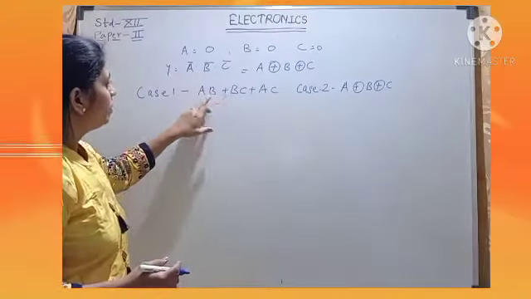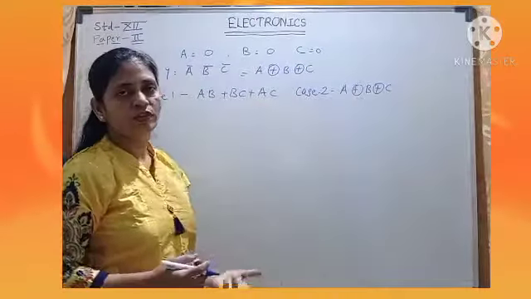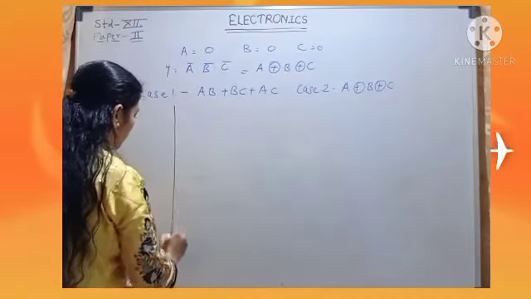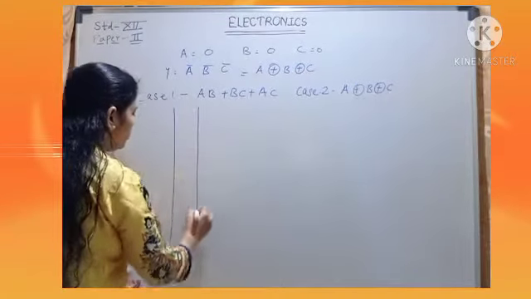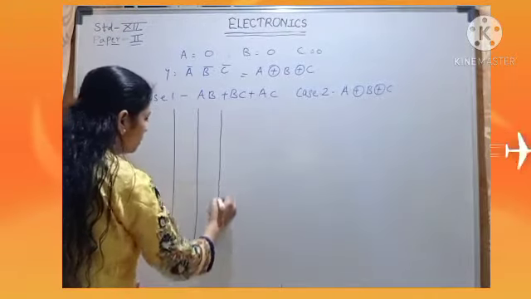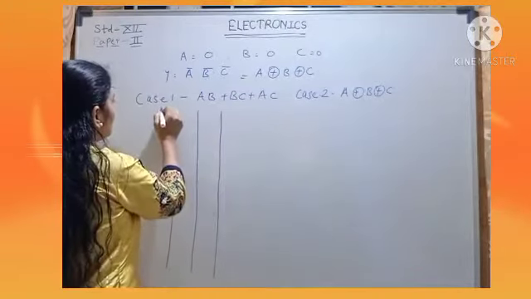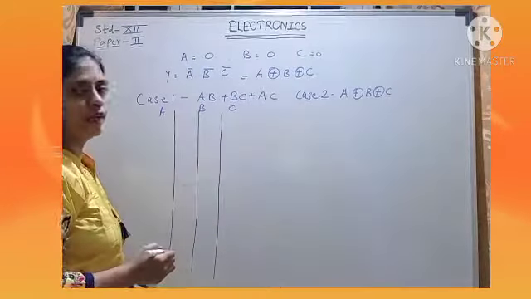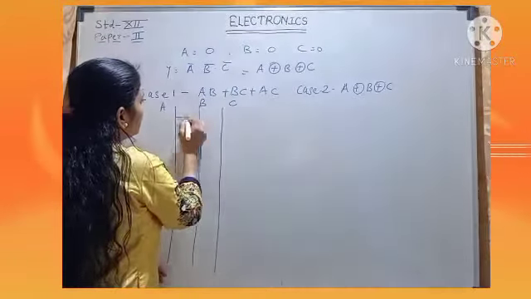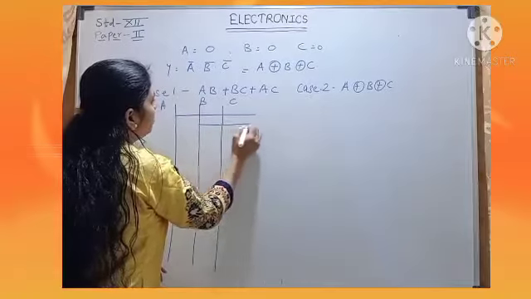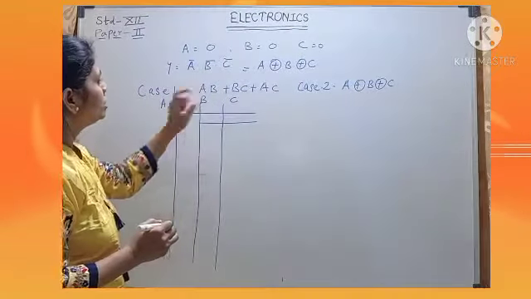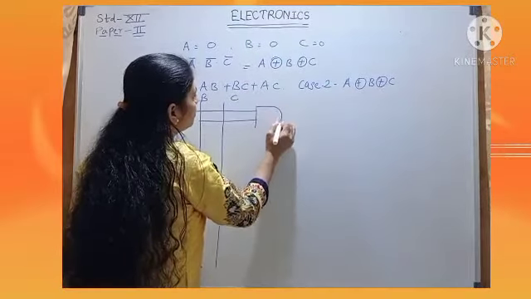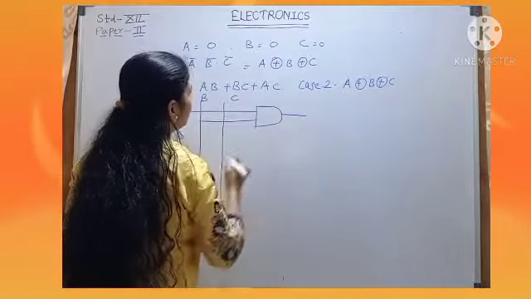As AB, BC and AC are there, we have to take three inputs A, B and C. Now we want AB, so we'll take A and B. Here no sign means the dot product, so we have to take an AND gate. We'll use this AND gate here.